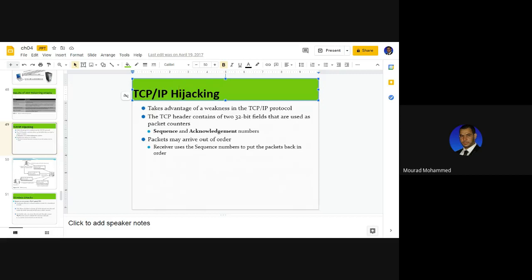Those packets and frames have headers, and within those headers they have a sequential order to arrive. Later, at the destination or reception, they would be reordered and concatenated together to retrieve the original media. The sequential order or counter would be falsified, and thus you're talking about TCP/IP hijacking.